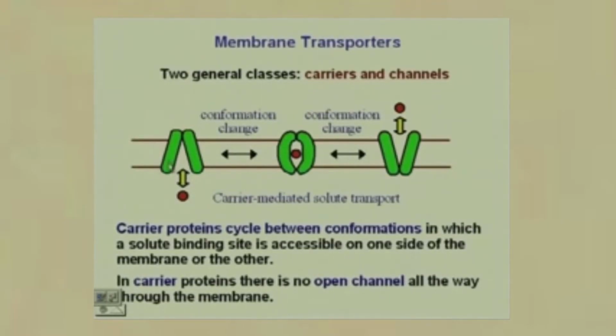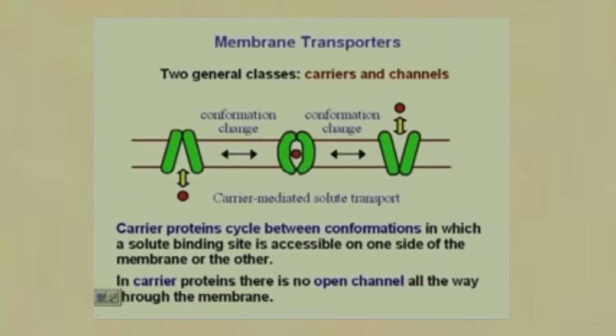So there is a specific carrier protein that cycles between conformations which allow solute binding on one side and release on the other side. A specific conformational change occurs, bringing it into a form that will allow an opening on one end of the membrane only.